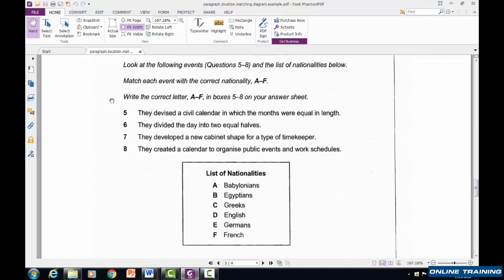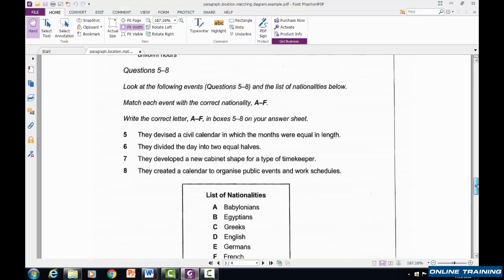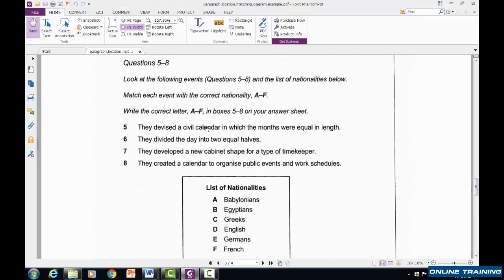We have 4 questions, 5, 6, 7, 8, and we have 6 names in the box. Okay, so that means 2 of the names don't belong. Now for this one, it doesn't tell us that we can use a name more than once.